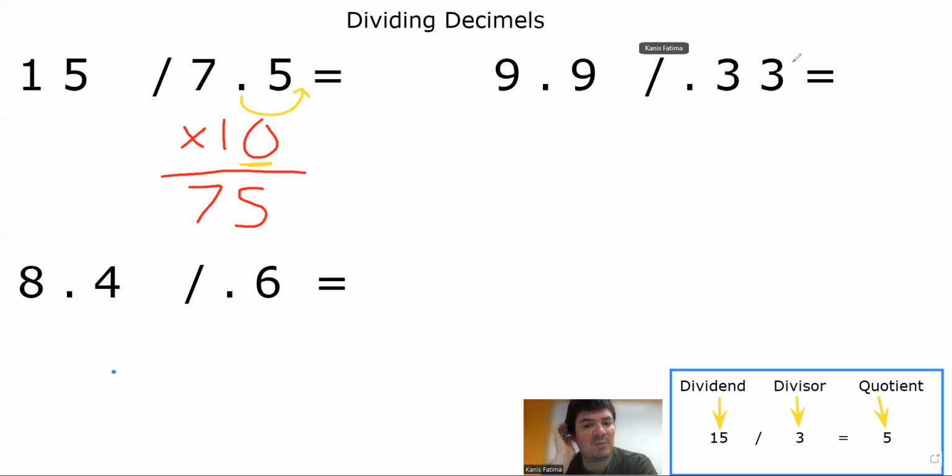Now, since we multiplied the divisor by 10, we have to multiply the dividend by 10 as well. You have to multiply both sides by the same amount. So again, since I multiplied 7.5 times 10, I need to multiply 15 times 10 because both sides you need to multiply the same amount.